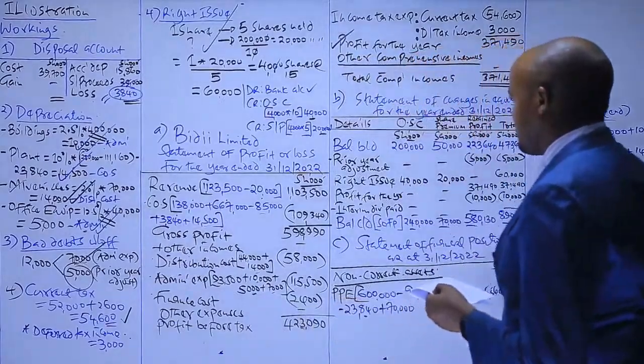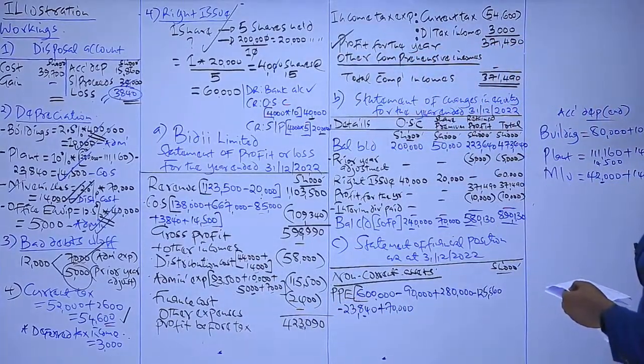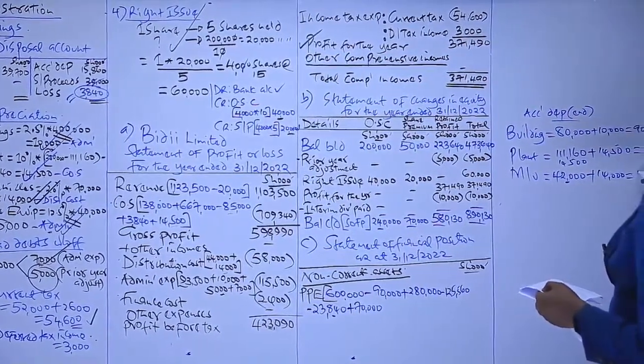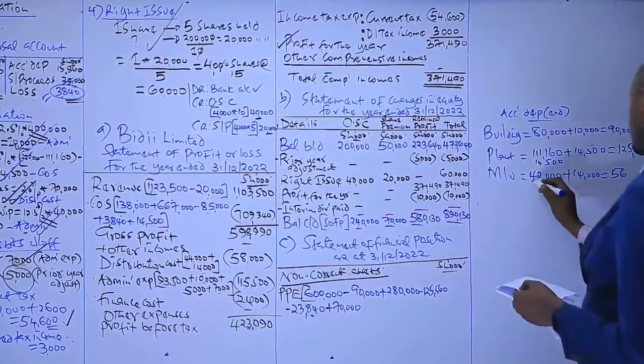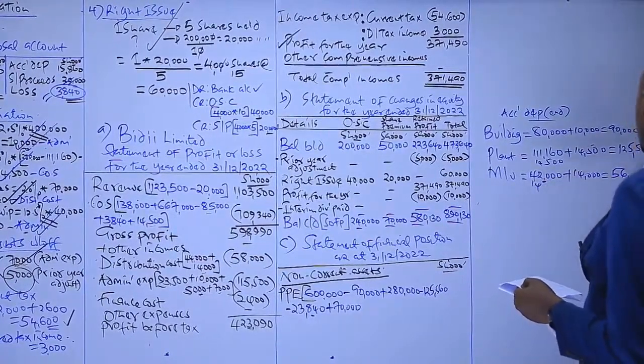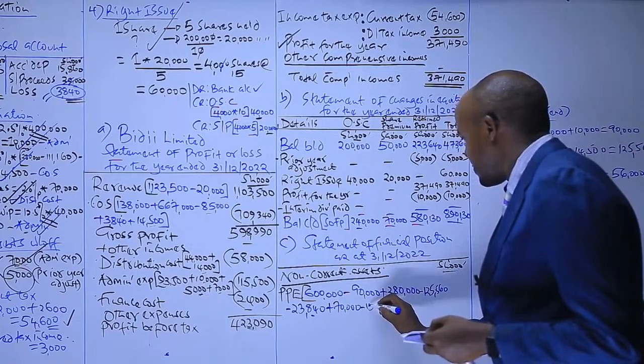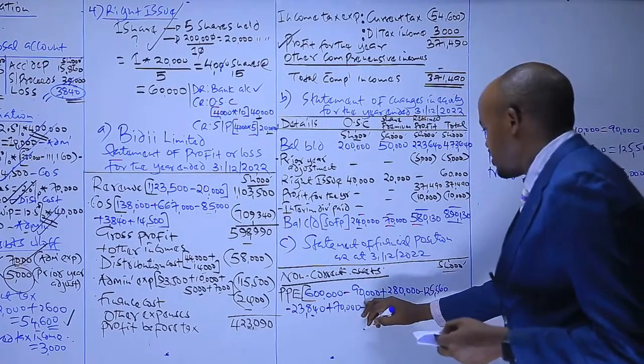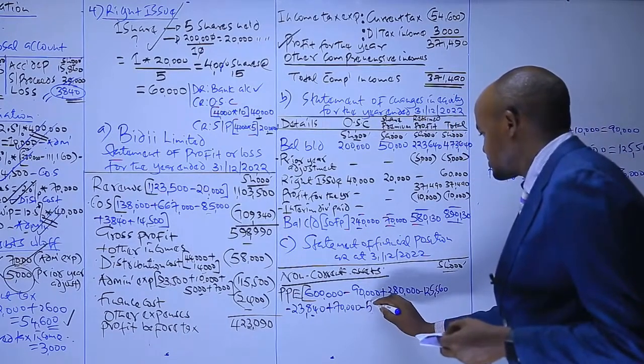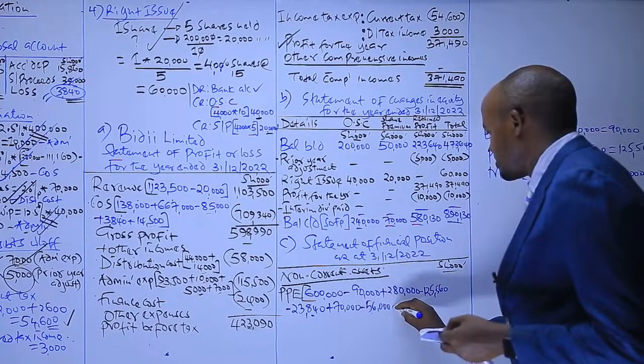How much is it? 14,000. So that will give us a total of 56,000. We less it from the cost.